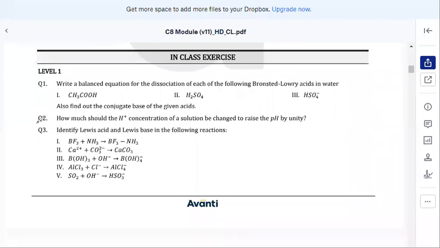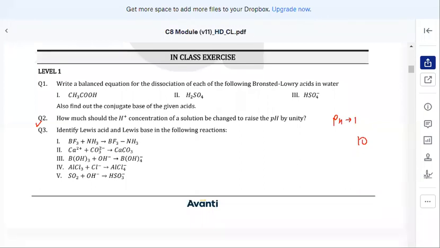Okay, so question number 2. How much should the H plus concentration of a solution be changed to raise the pH by unity? It is very easy, right? You have to change pH by 1, so the concentration of H plus should be changed by how much? 10 times, yes or no?